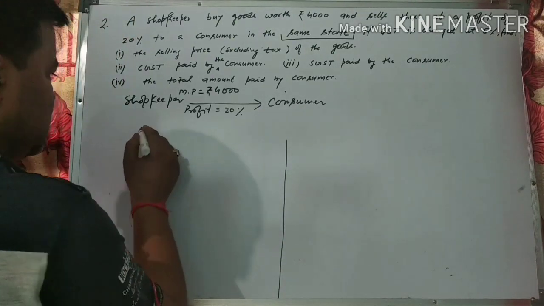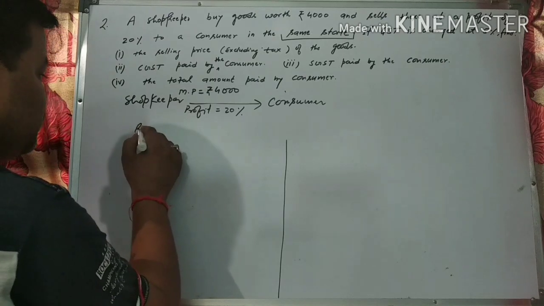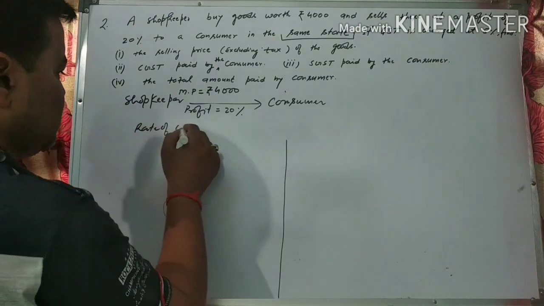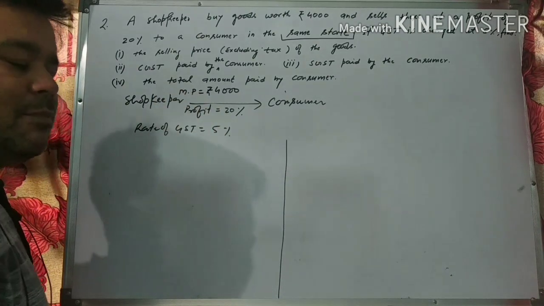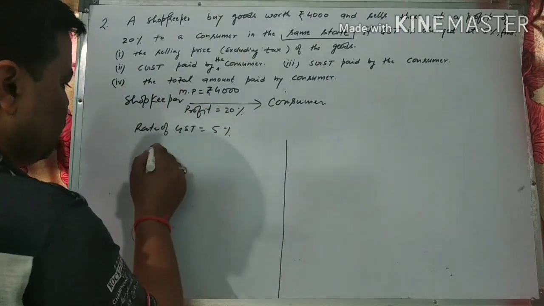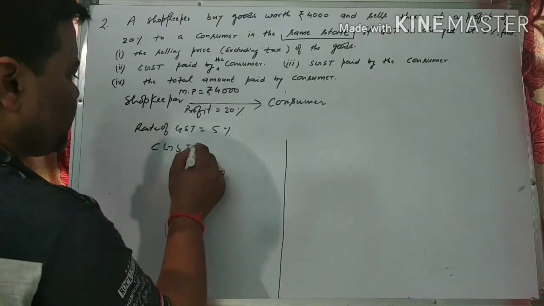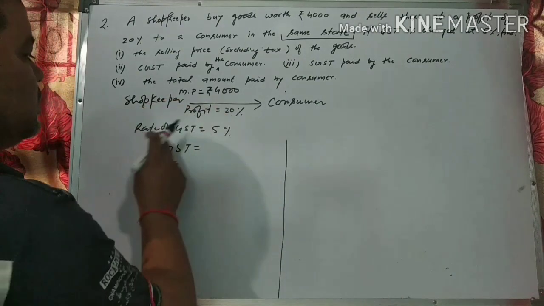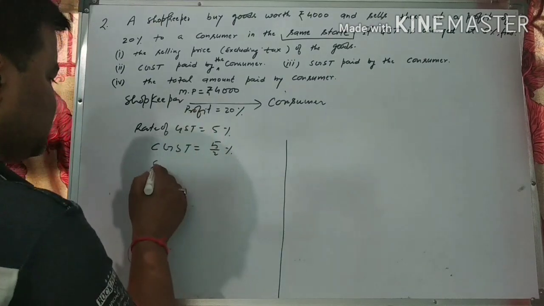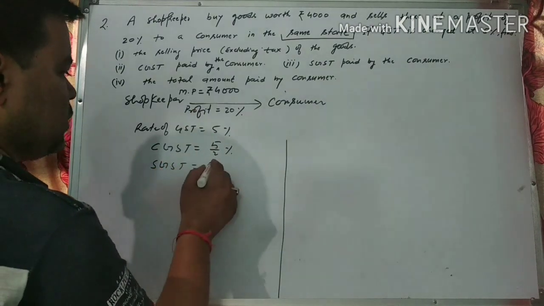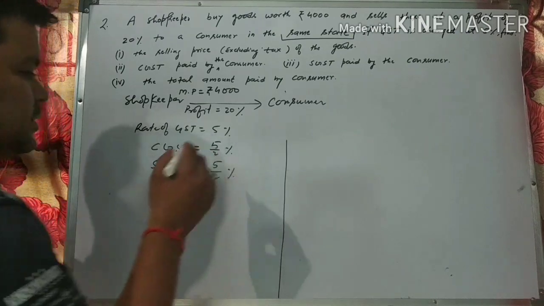therefore here it is given that the rate of GST is equal to 5%, and since this is the matter of the same state, CGST will be half of the GST, that is 5/2%, and SGST is also 5/2%.